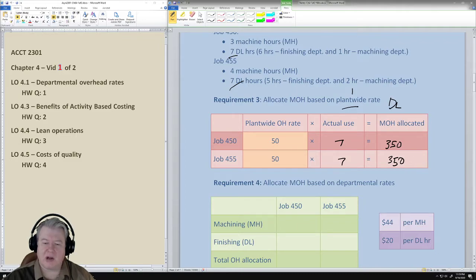Well, what we're going to look at is machine hours. Machine hours for job 450. Now, remember the machining department uses machine hours, and job 450 is right here, the 3 machine hours. So this would be 3 times 44, which would be 132.